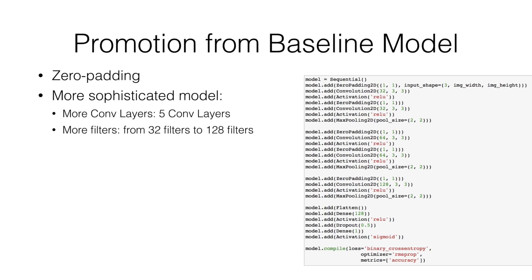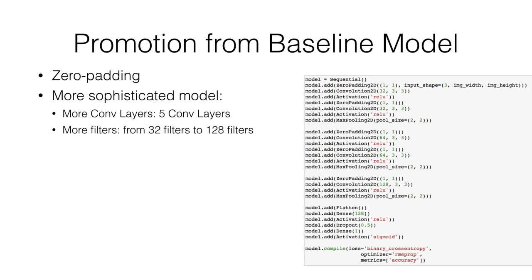We first introduce the 0 padding layer. A 0 padding layer can be applied before a conv layer. Basically, 0 padding can exactly preserve the spatial size of the input volume, so the output and the input have the same width and height. We also increase the number of layers and filters.